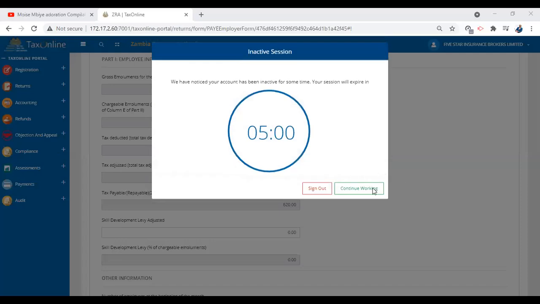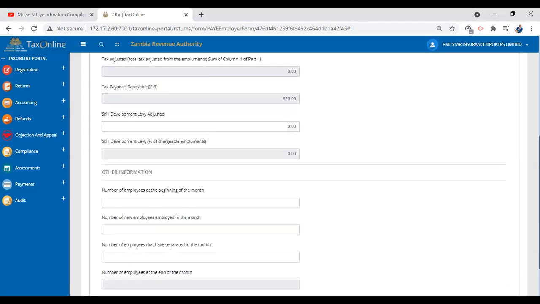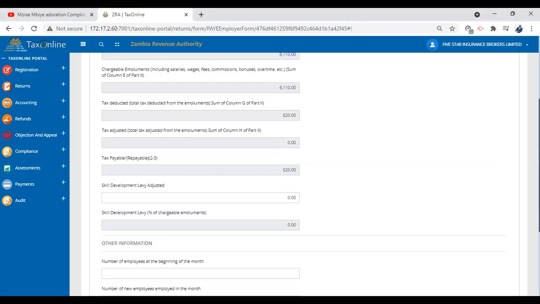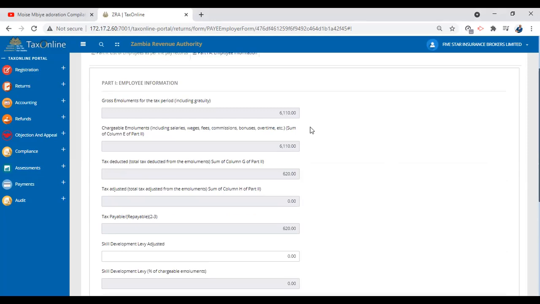Yes. Okay, so this part only shows the information as per what you entered. It will give us the gross amount, and then it will add up the amount of tax declared as per your information which you are filling in.